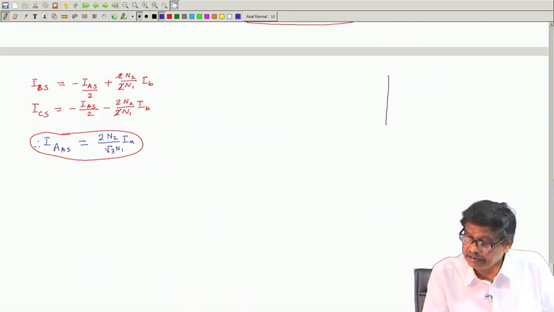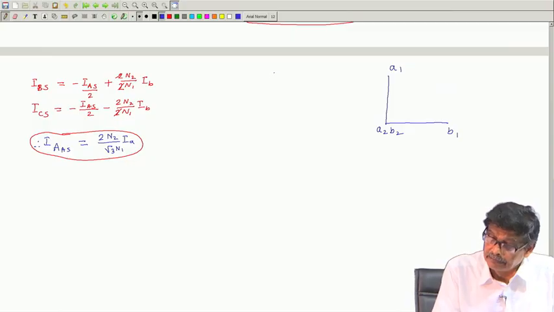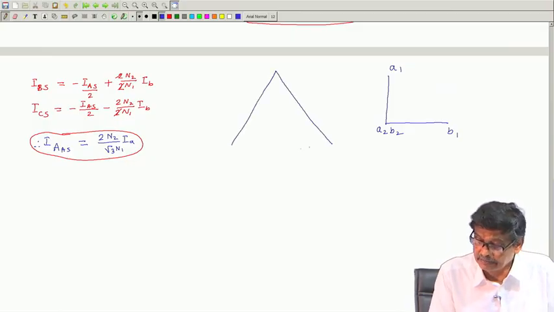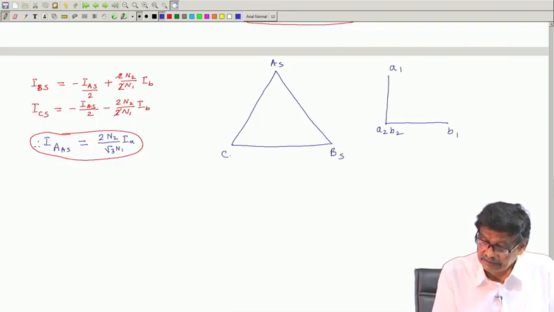So, it was like this: A 1 B 1 and this is A 2 B 2, and primary phasor diagram was like that: AS, BS and CS, and this was the point 2.